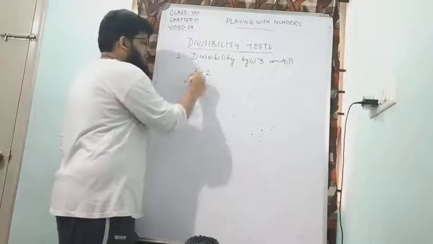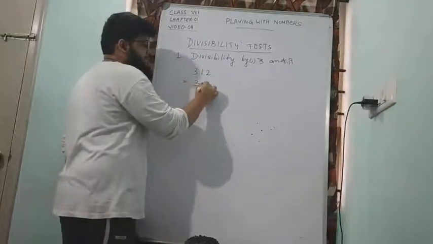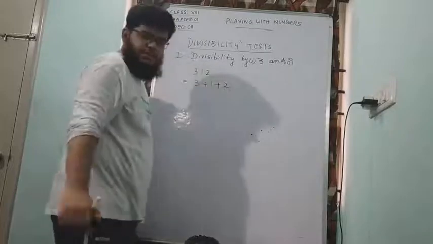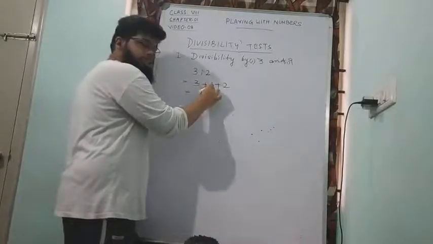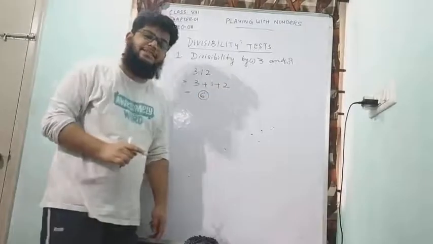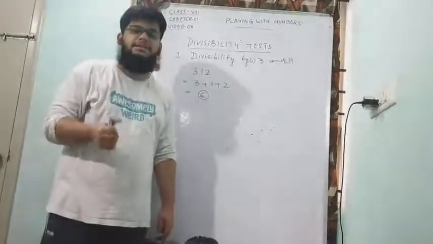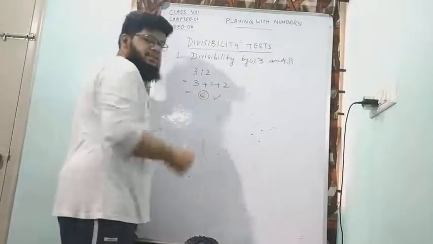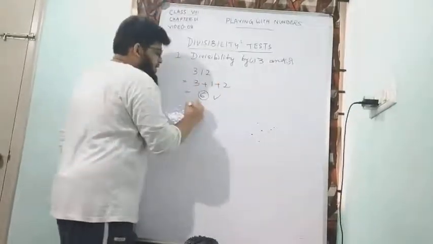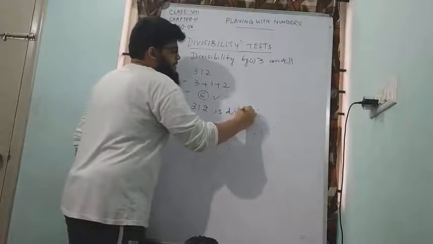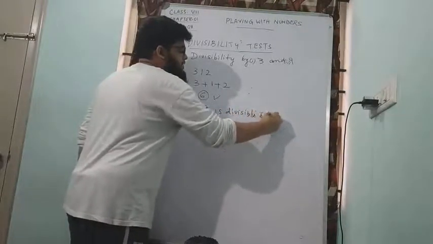Example, 312 should be taken as 3 plus 1 plus 2. What is 3 plus 1? 4. And 4 plus 2 is 6. Do we get 6 in the table of 3? Yes. 3 1s are 3, 3 2s are 6. Because 6 comes in the table of 3, that's why 312 is divisible by 3.